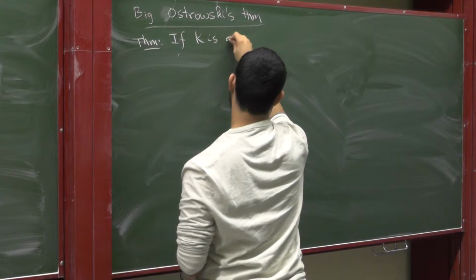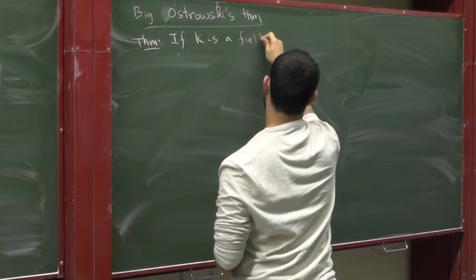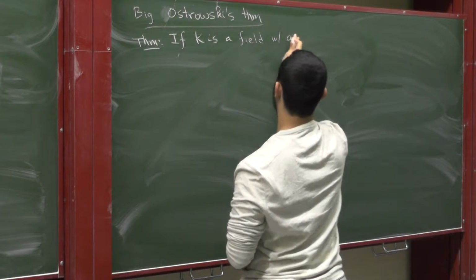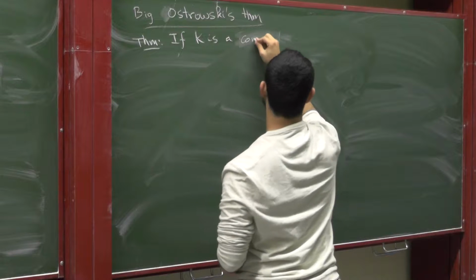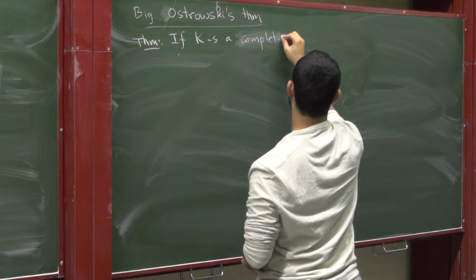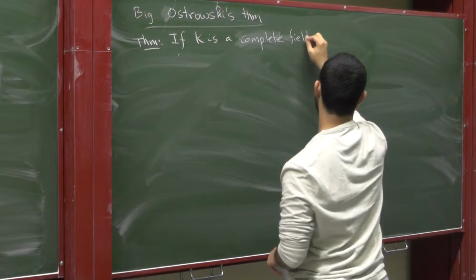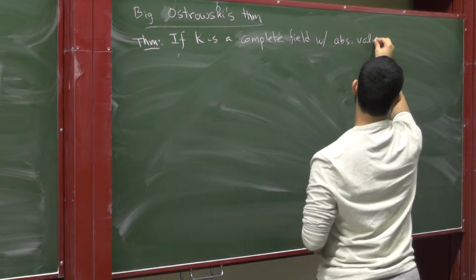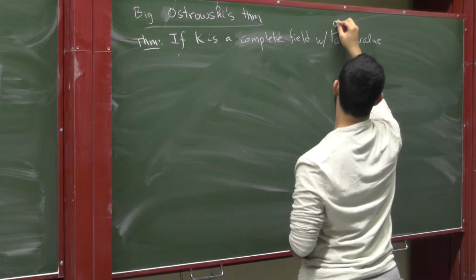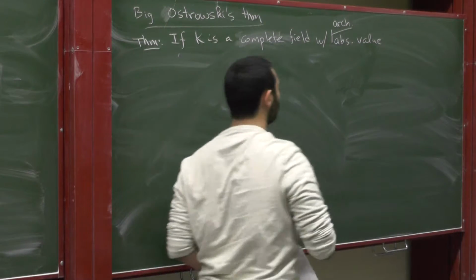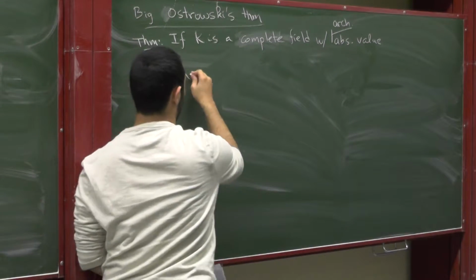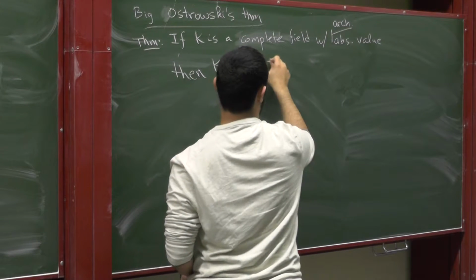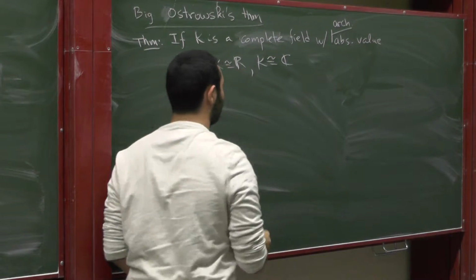If K is a field with a complete absolute value, which is Archimedean, then either K is the reals or K is the complex numbers.